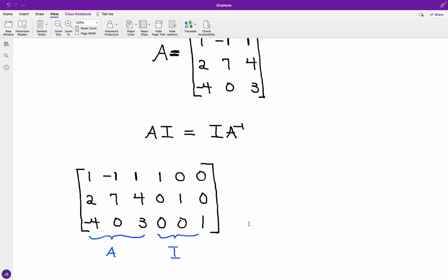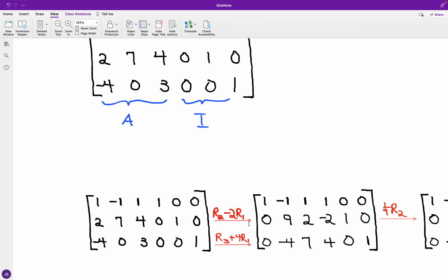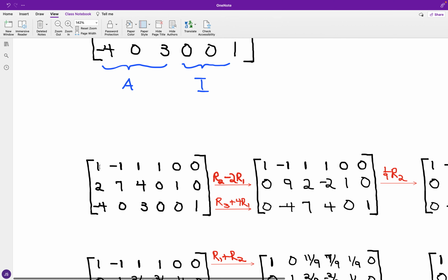Looking at what we have here for A times I, in the setup, I'm going to perform the Gauss-Jordan elimination to get the matrix down to the reduced row echelon form. I want the first column to be 1, 0, and 0.